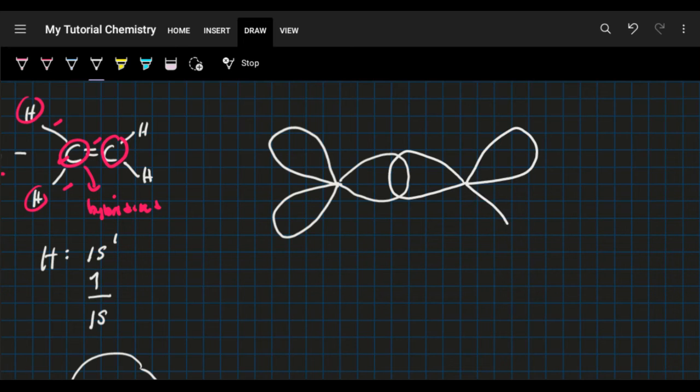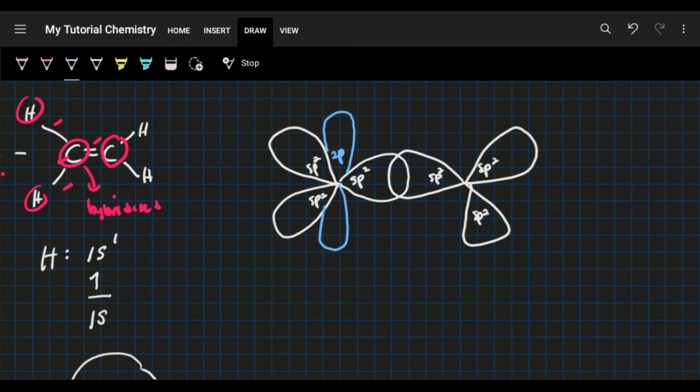Label the orbitals sp2, sp2, sp2, sp2, and carbon has the 2p orbital.